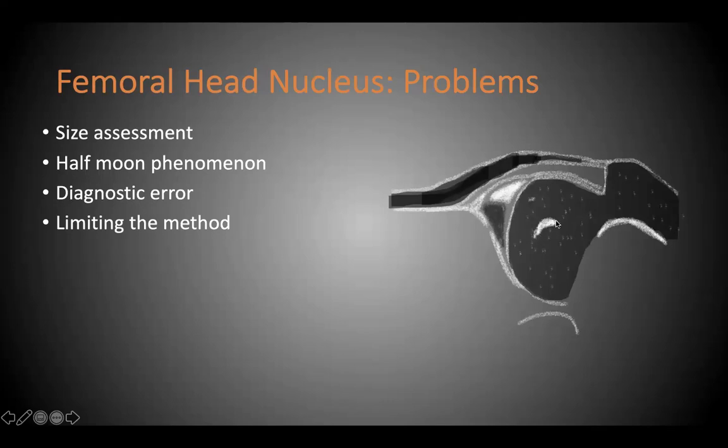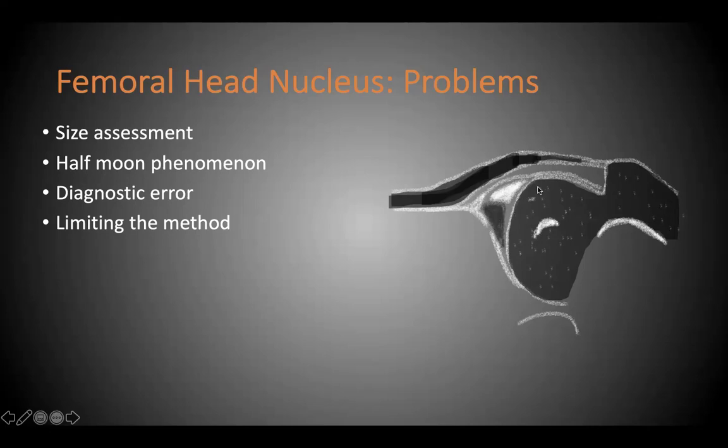What happens is, once the ossific nucleus starts ossifying, the ultrasound rays just hit the nucleus and then turn back. So you can't really see the entire nucleus, which might be a circumferential or round-shaped structure, but you can only appreciate the lateral edge of the nucleus. So you cannot really use an ultrasound to assess the size of the nucleus, as opposed to what we can do with X-rays.